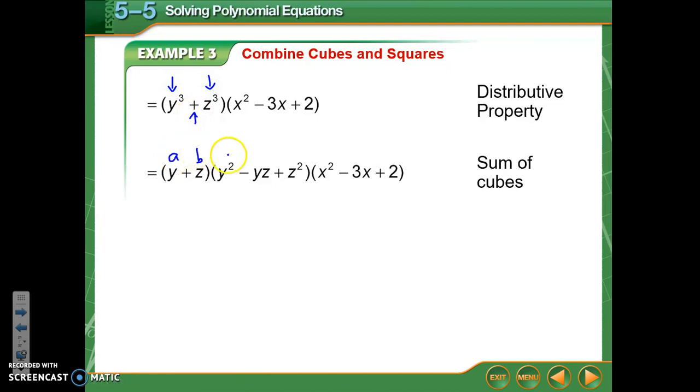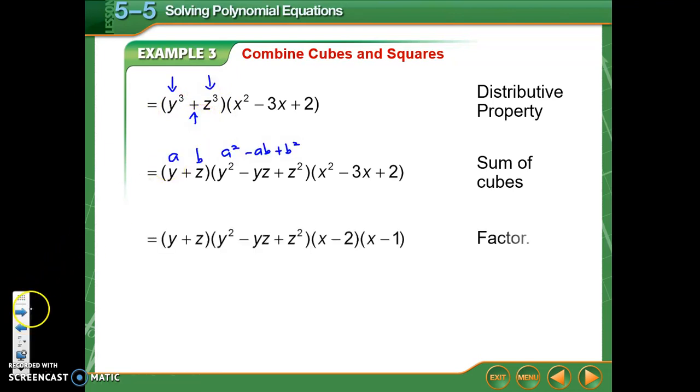So this is a plus b times a squared minus a times b plus b squared. In this case, a is y and b is z. And then I notice that here I have a quadratic trinomial. 2 numbers that multiply to positive 2 and add up to negative 3 are negative 2 and negative 1. Since the leading coefficient here is 1, I can just put those numbers directly into my factors.